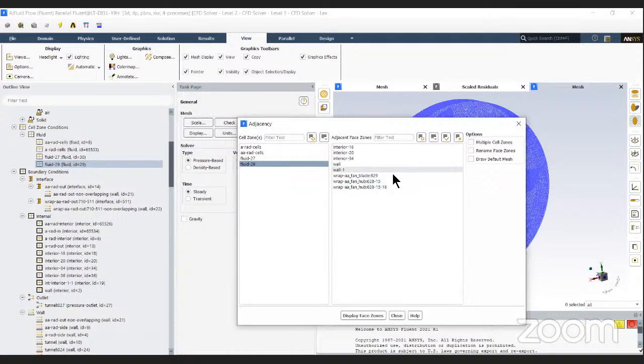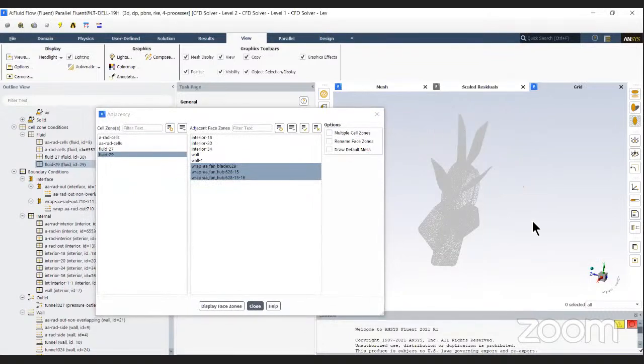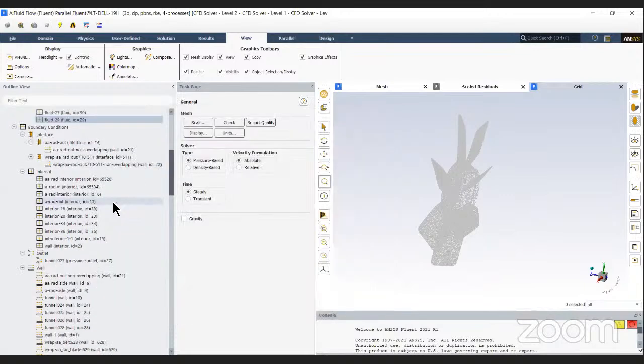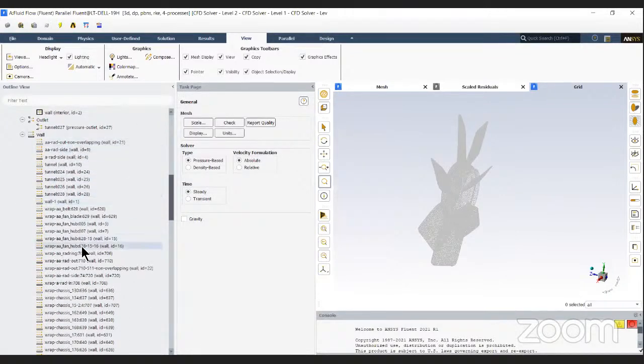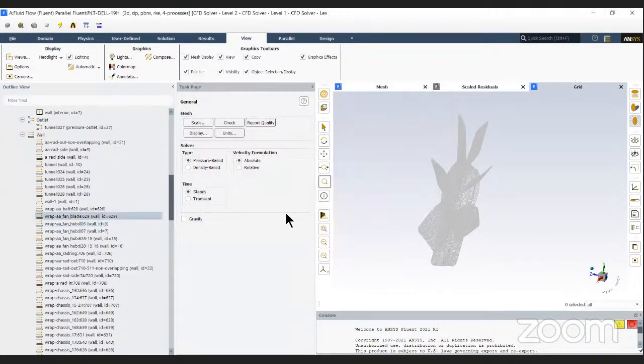if I were to display this, then this is the fan wall itself, which is actually moving. So if I look these up in the boundary conditions, you will notice that, not this one, let me see, blade, yeah.